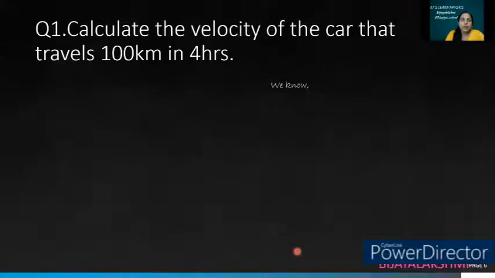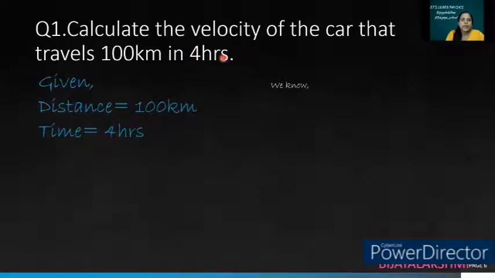Now let's solve some sums here. Calculate the velocity of a car that travels 100 kilometers in 4 hours. Now what is being given here? The distance is 100 kilometers and time is given as 4 hours.